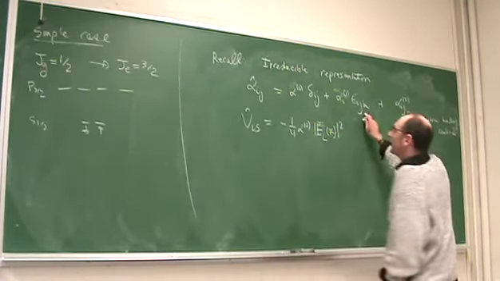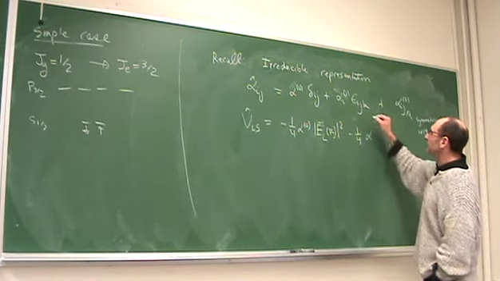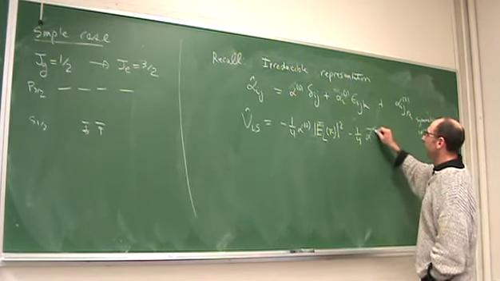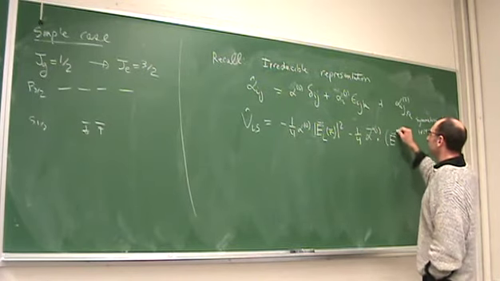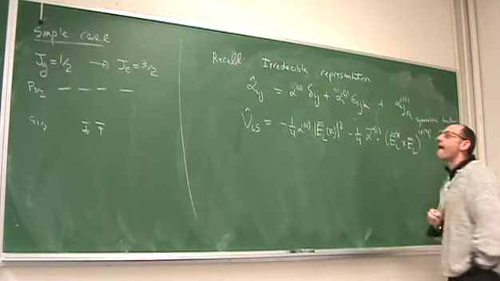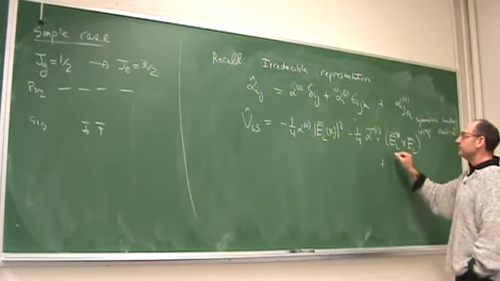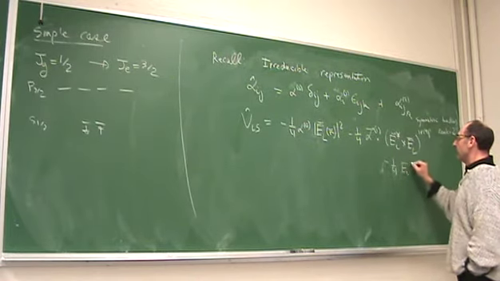Then I have this term, which, if I write out all the indices, has the following form. It's a vector I'll call alpha 1 dotted into E star cross E. And then a term that is the irreducible rank 2 component.